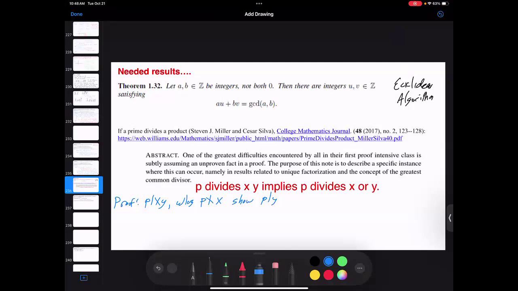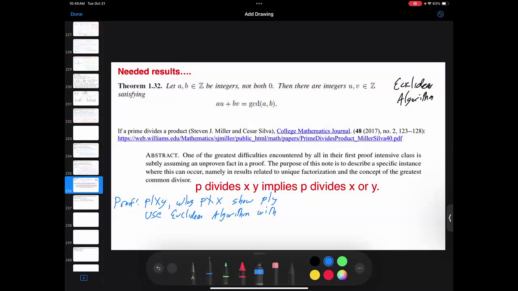I want to use the Euclidean algorithm. So if I'm going to use the Euclidean algorithm, I have to have two numbers that come into play. What do I want to apply the Euclidean algorithm to? What numbers should I use?